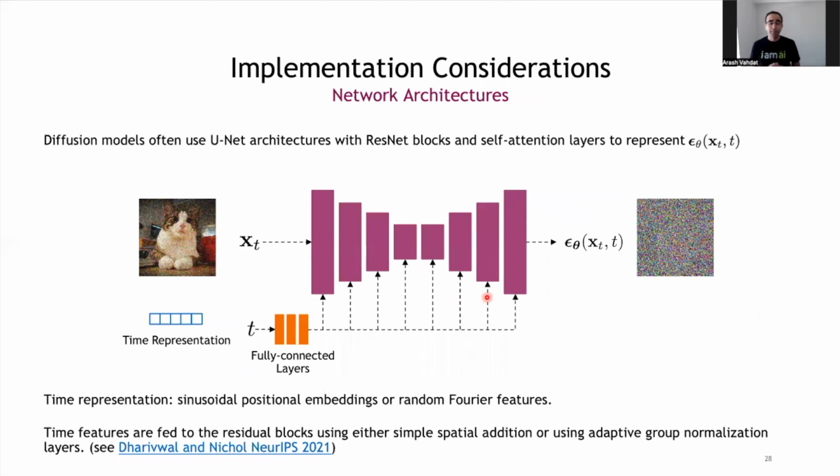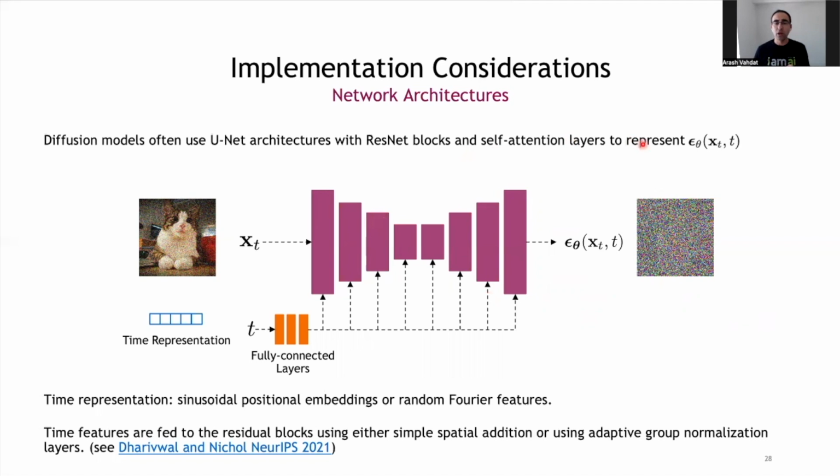So far we talked about training and sampling. So let's talk about the implementation details of how to form neural networks for the denoising model. In practice, most diffusion models use a U-Net architecture to represent this denoising model. This U-Net architecture often has residual blocks. So here different rectangles represent residual blocks at different scales.